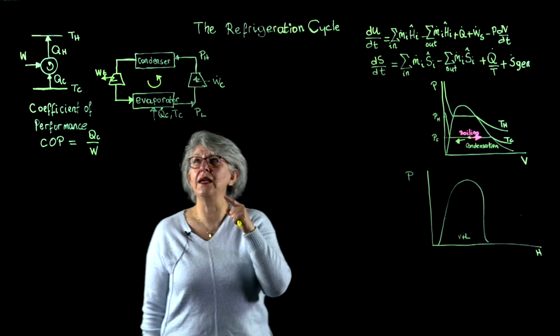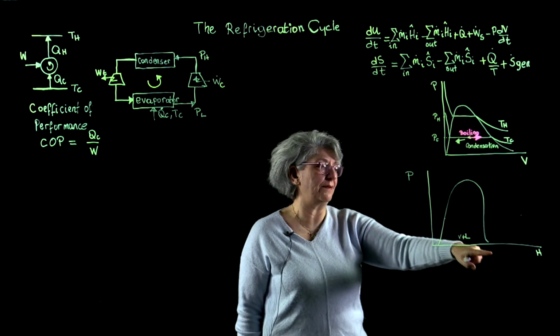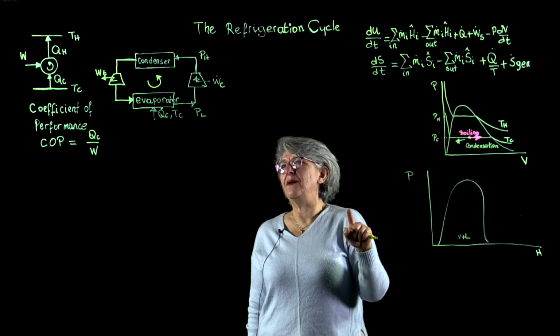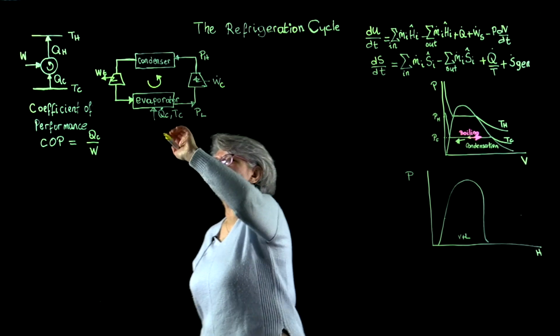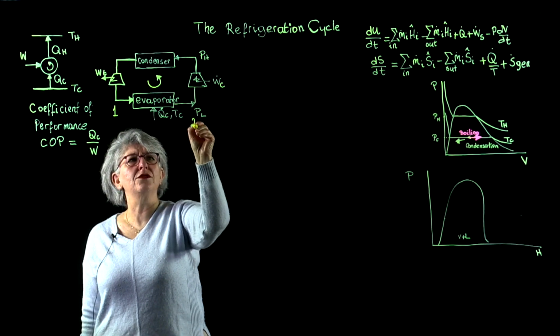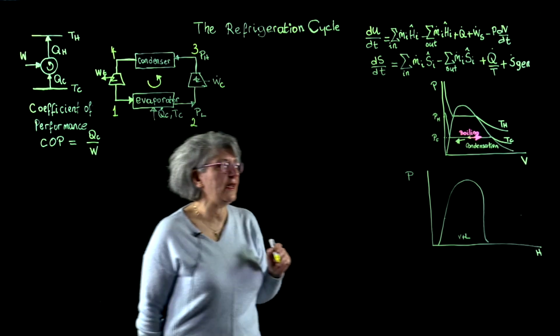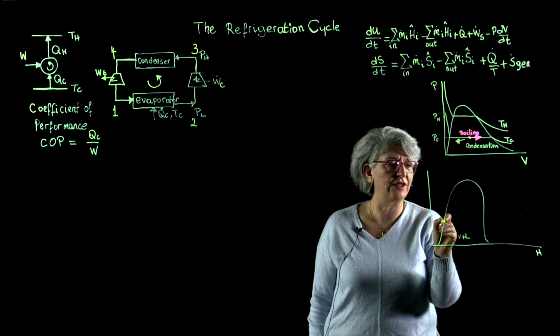Now let me put these on the pH diagram, pressure enthalpy diagram. Now my evaporator, let's label those as states 1, 2, 3, and 4. My evaporator is at this low pressure, low temperature.